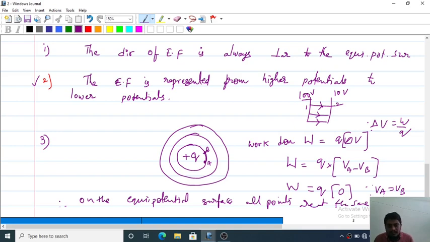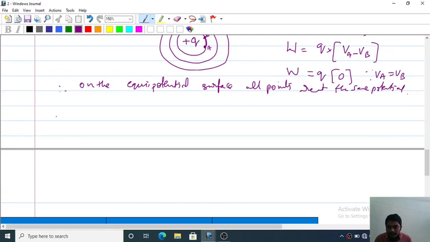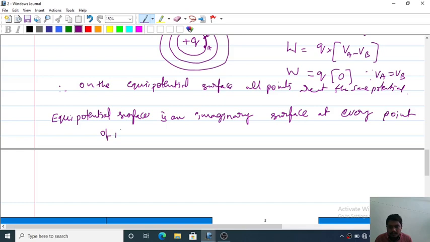Okay, what is the definition of equipotential surface? An equipotential surface is an imaginary surface at every point of which the potential is the same.